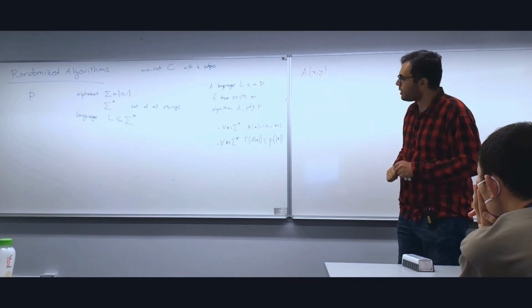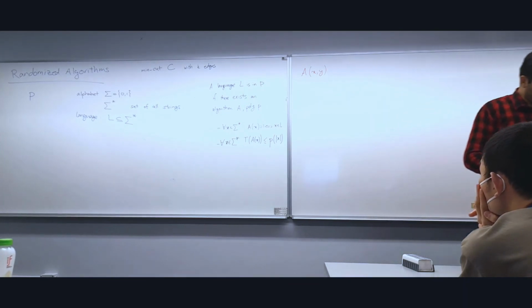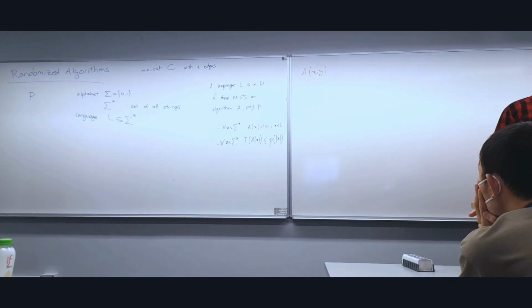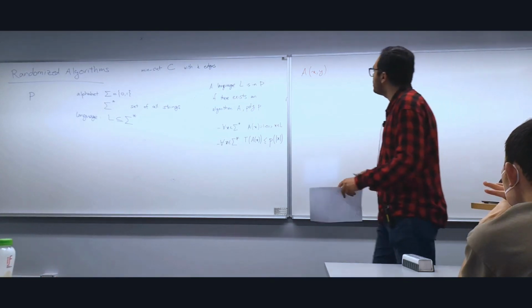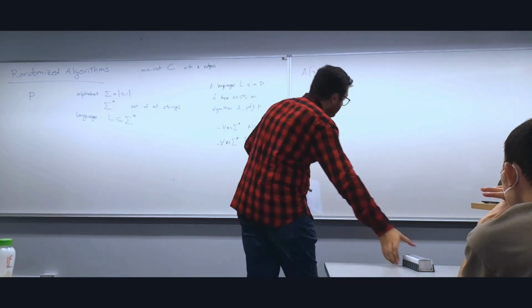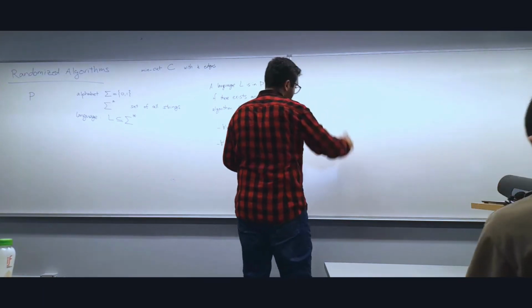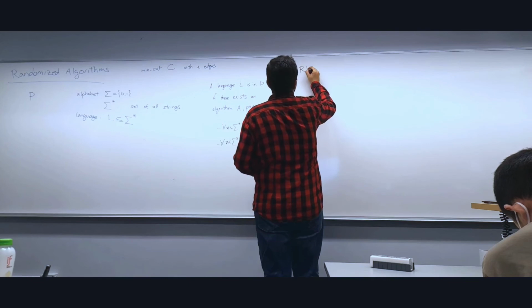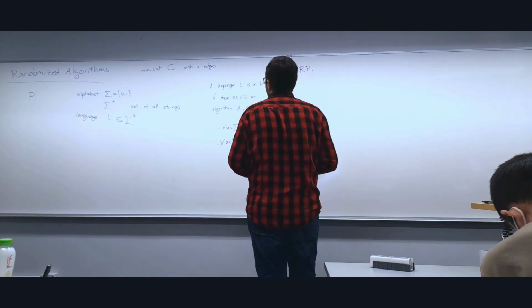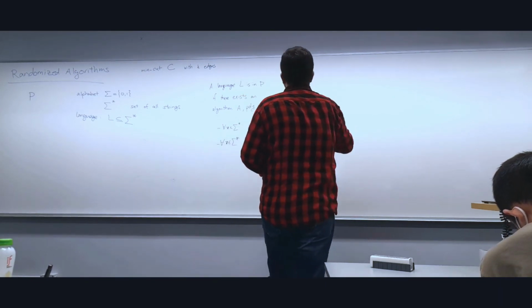Okay, so based on this, I can define what the set RP is, and RP stands for randomized polynomial time. Again, it's going to be very similar to before.